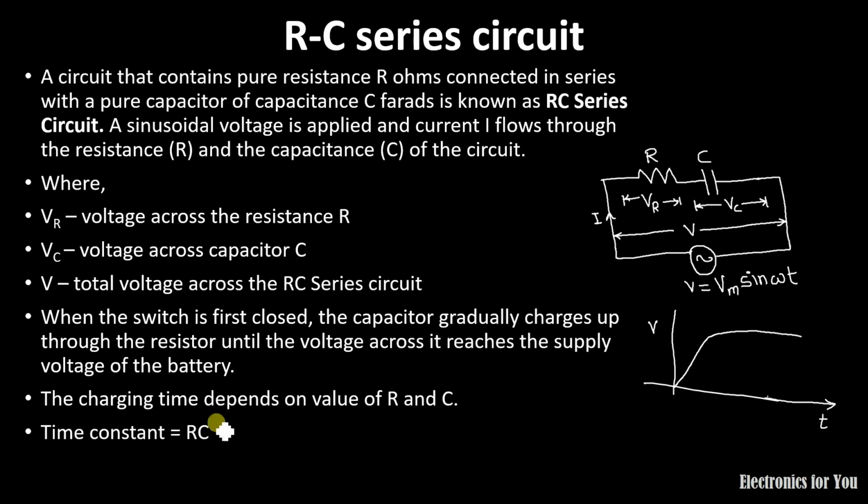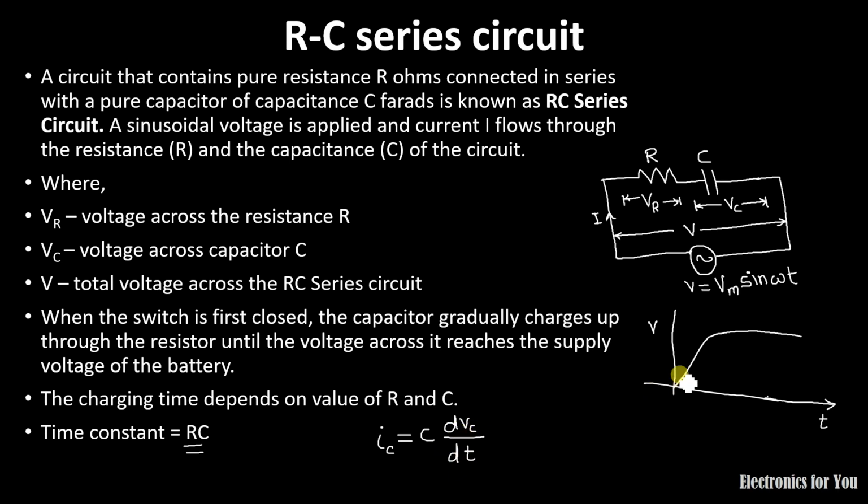This is given by R multiplied by C, and the current flowing through the capacitor, let it be IC, equals C into dVc by dt, where C is the value of capacitance in farad, and dVc upon dt is the rate of change of voltage with respect to time.